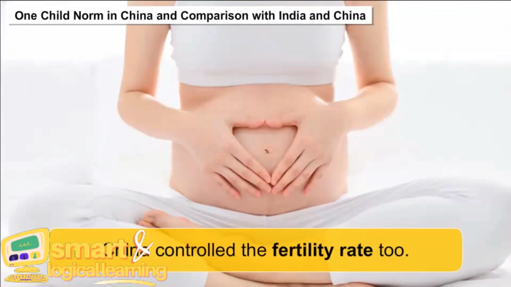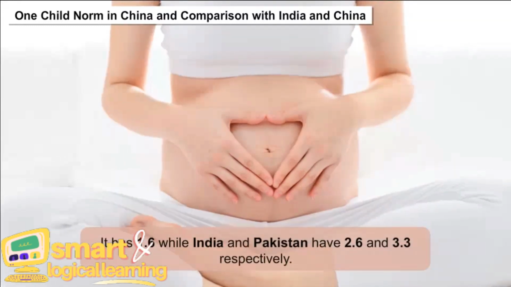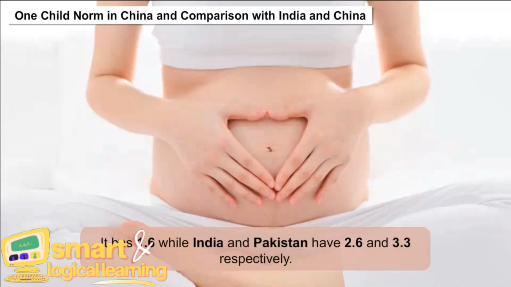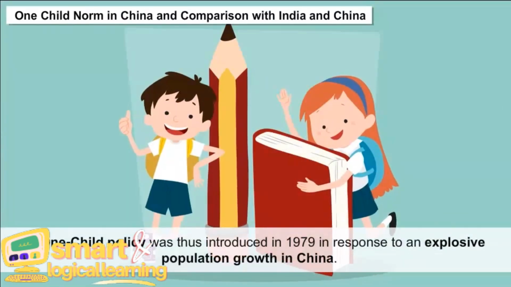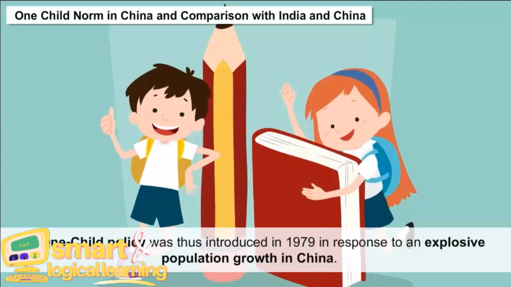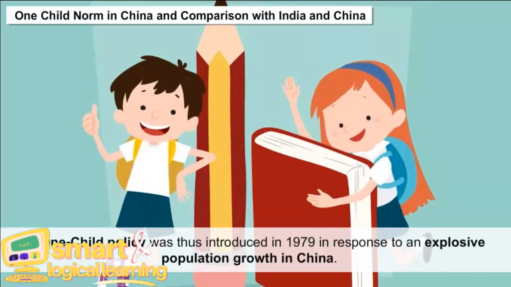China controlled the fertility rate too. It has 1.6, while India and Pakistan have 2.6 and 3.3 respectively. The one-child policy was thus introduced in 1979 in response to an explosive population growth in China.